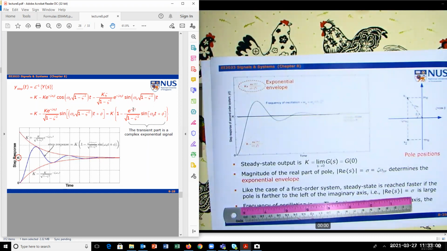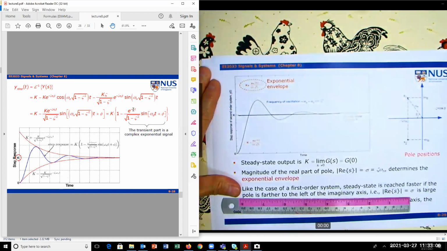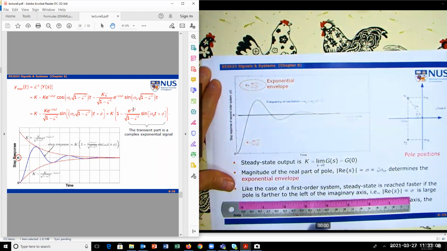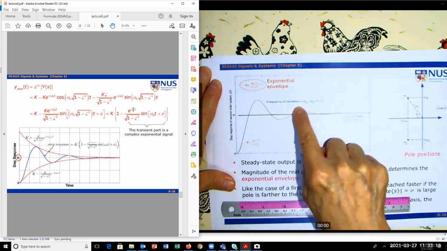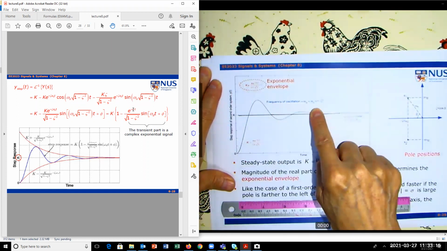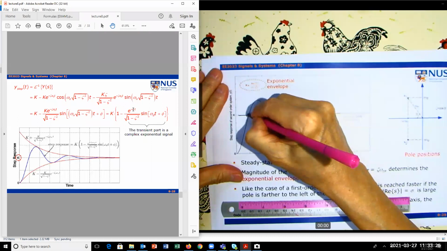These are the steps involved. Number one, let's determine omega d first. Omega d is the angular frequency of this sinusoid. Let me take one full cycle, from this point here to this point here.